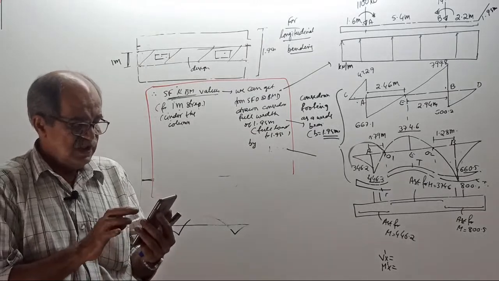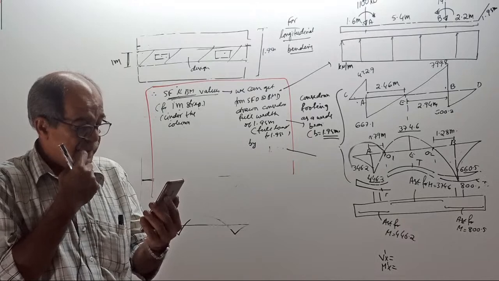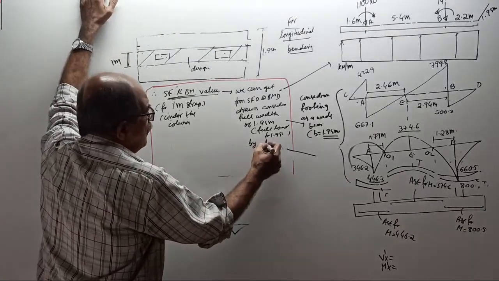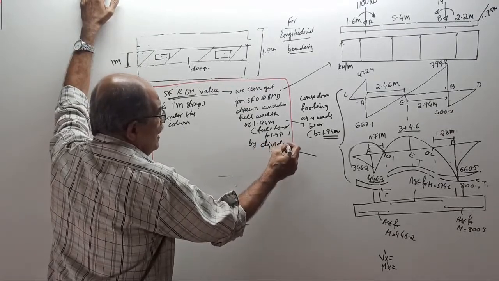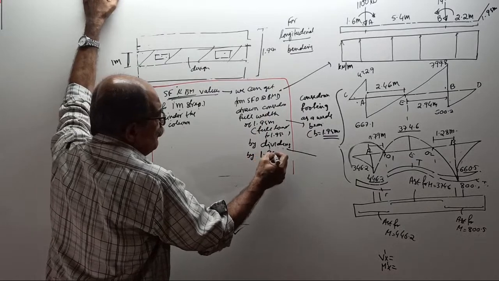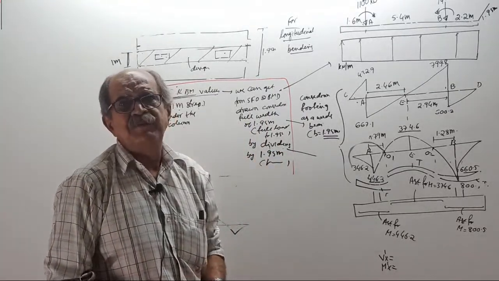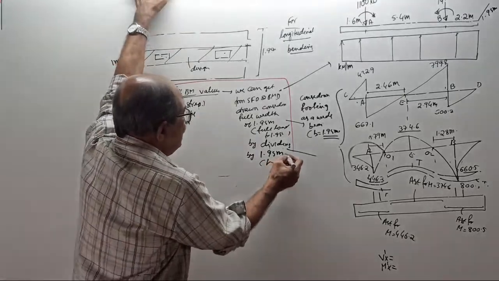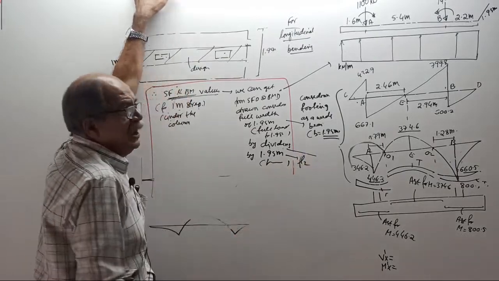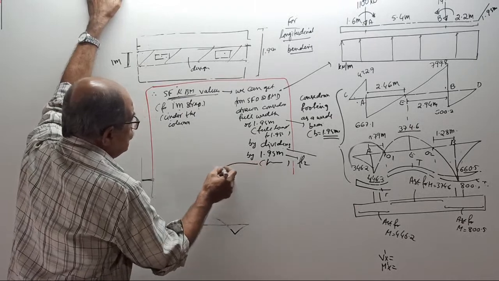By dividing by 1.95 meter for this example, in red color. Don't memorize 1.95 meter. That is the full width, L2. That is the L2 value, 1.95.